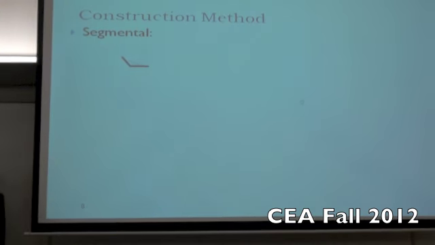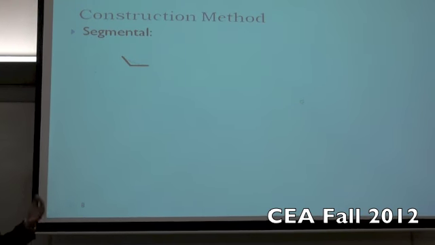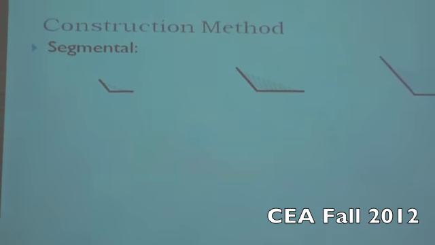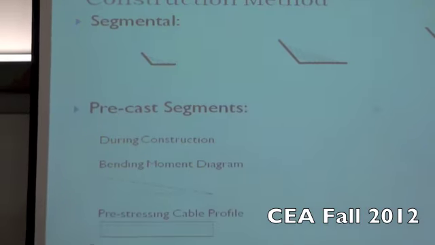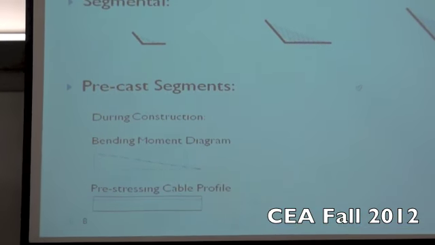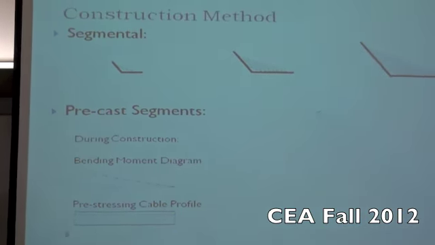We pour the first segment of the deck and the pylon, attach the first cable and apply tension to it, and then the second segment and the third until we finish the bridge. There are two ways to construct the segmental method: precast segments or cast in place.